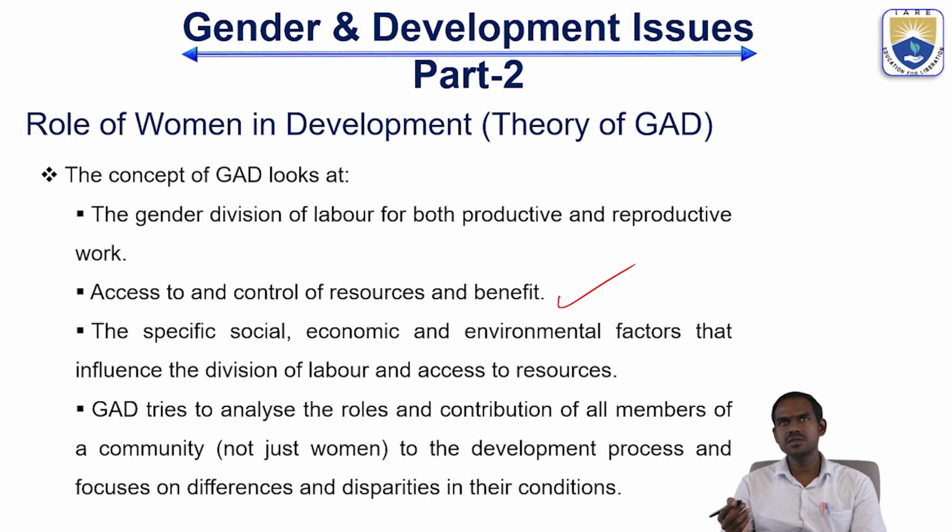Third, it looks at the social, economic, and environmental factors that influence the division of labor and access to resources. GAD also analyzes the roles and contribution of all members of a community to the development process and focuses on differences and disparities in their condition.